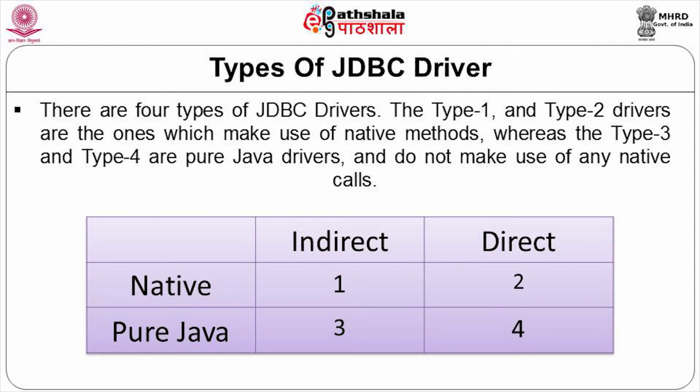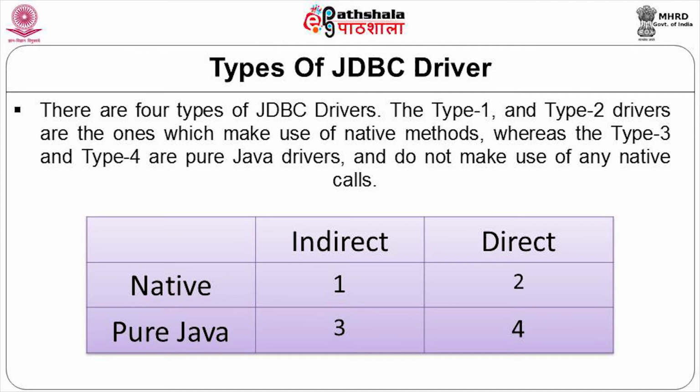Type 2 driver is going to be direct but uses native. Fine. If it uses native, it is type 1 or type 2. Direct is type 2, indirect is type 1. Same way, if it is pure Java, does not use any native, and if it is indirect, type 3.